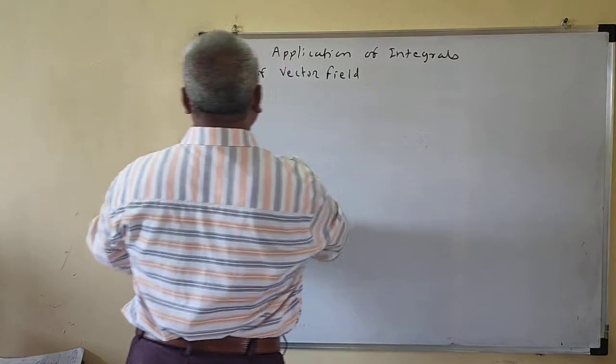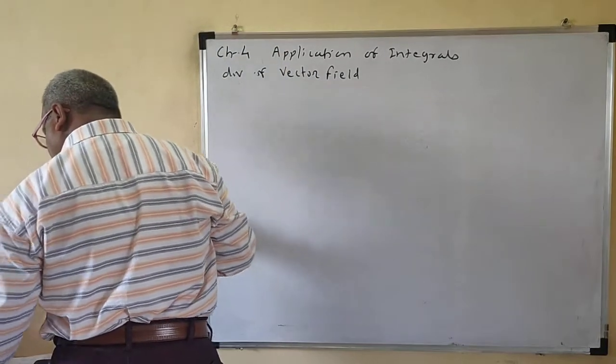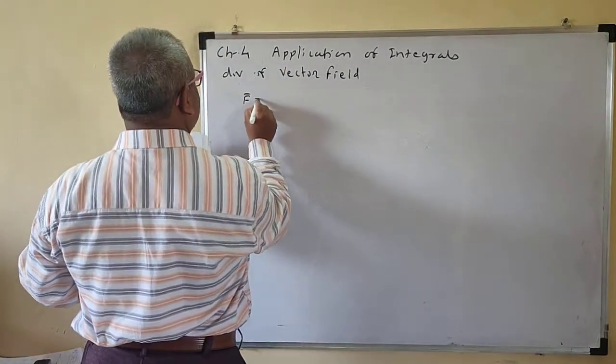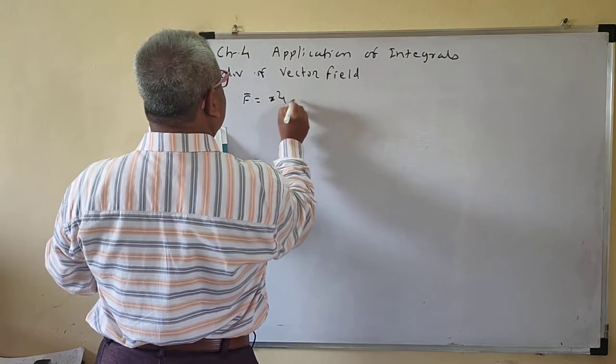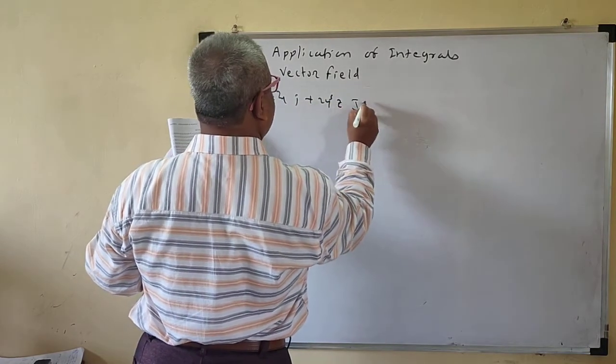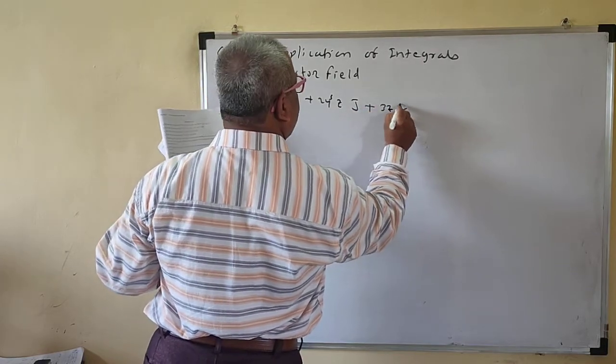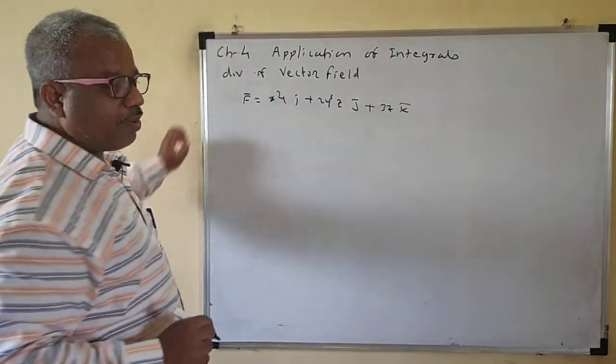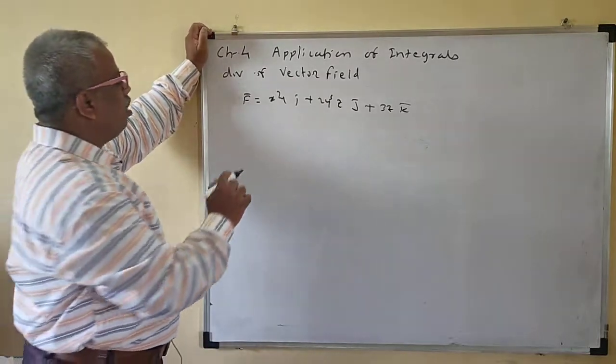Now suppose your F bar is equal to x square y i bar plus 2y cube z j bar plus 3z k bar. So for divergence, we have to find all of these.